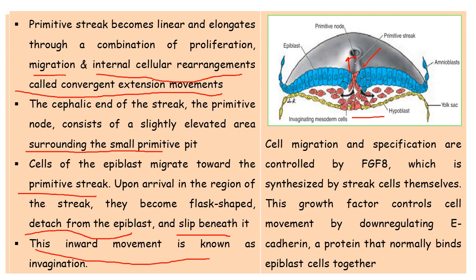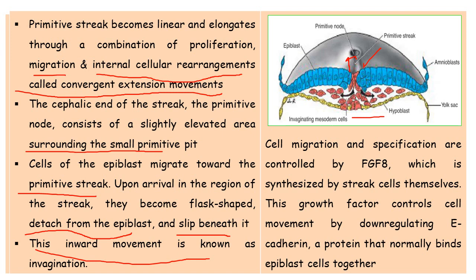So cells of the epiblast migrate toward the primitive streak, they will move along this streak, and then later on upon arrival in the region of the streak they become flask shaped, they will change their shape, they will detach from the epiblast, and for the detachment from the epiblast there will be the removal of adhesion factors, we call them e-cadherins, and slip beneath it, and this inward movement is called invagination.